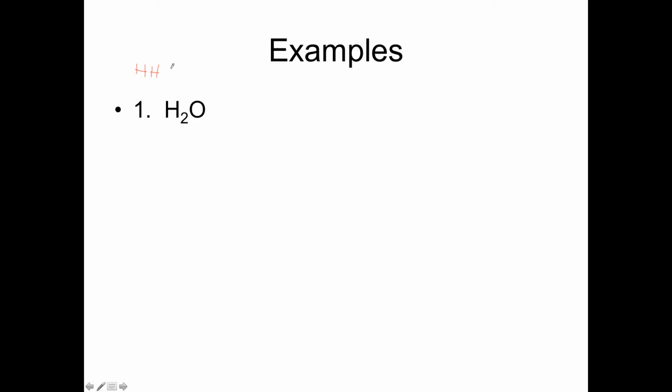That gives me a grand total of two valence electrons, each one having one. There's only one oxygen, and each oxygen has six valence electrons. In this compound, I'm going to have a grand total of 8 valence electrons.